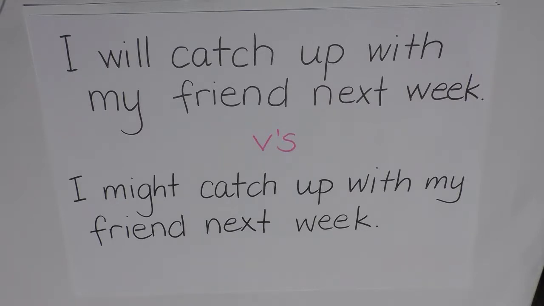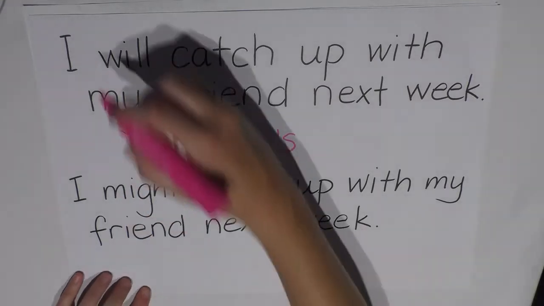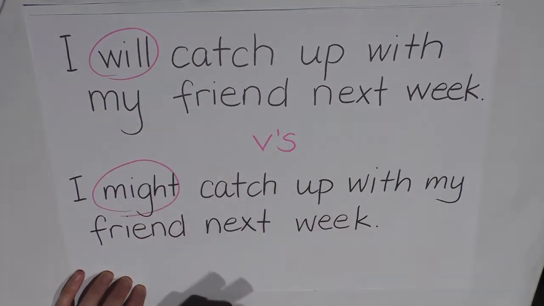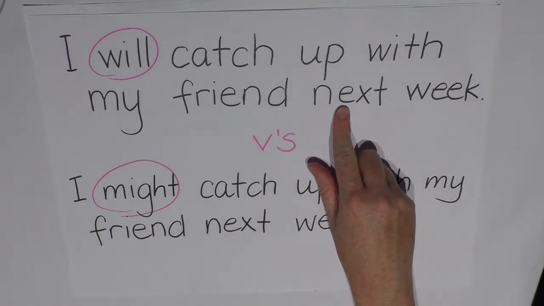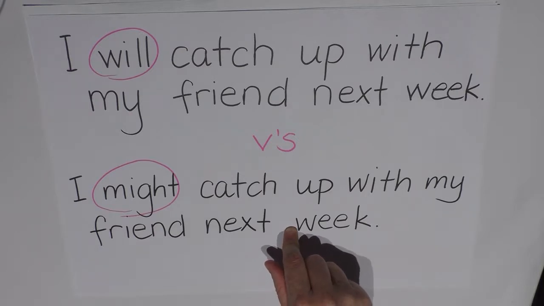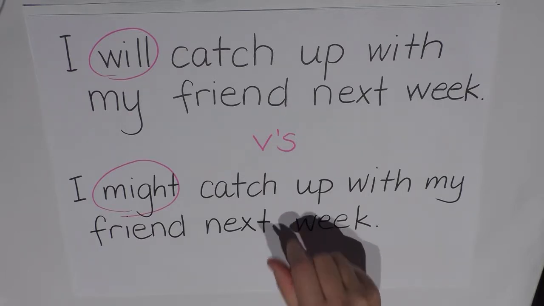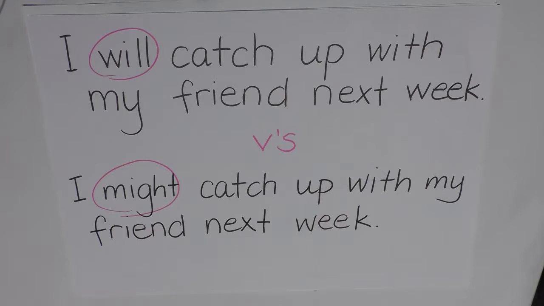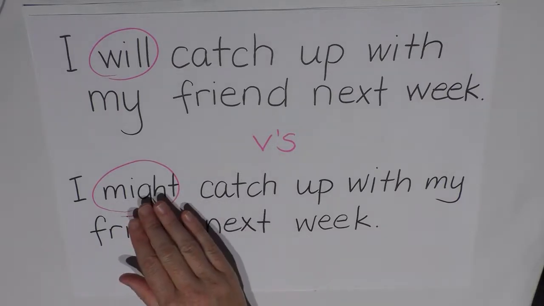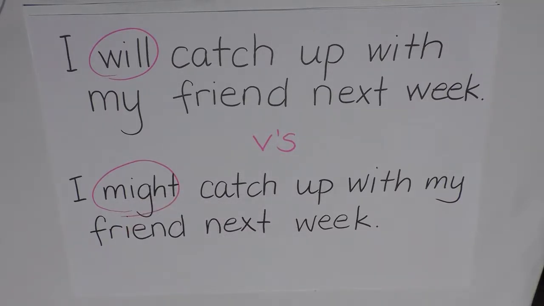In these two sentences, we have modal auxiliaries will and might. And just from our knowledge of English, we know that the first sentence is much more likely to occur than the second sentence. So here the first sentence is a more confident message, and that is because of the word will. And the second sentence is a less confident message, and that's because of the word might. And that's what we mean by plausibility or being plausible.